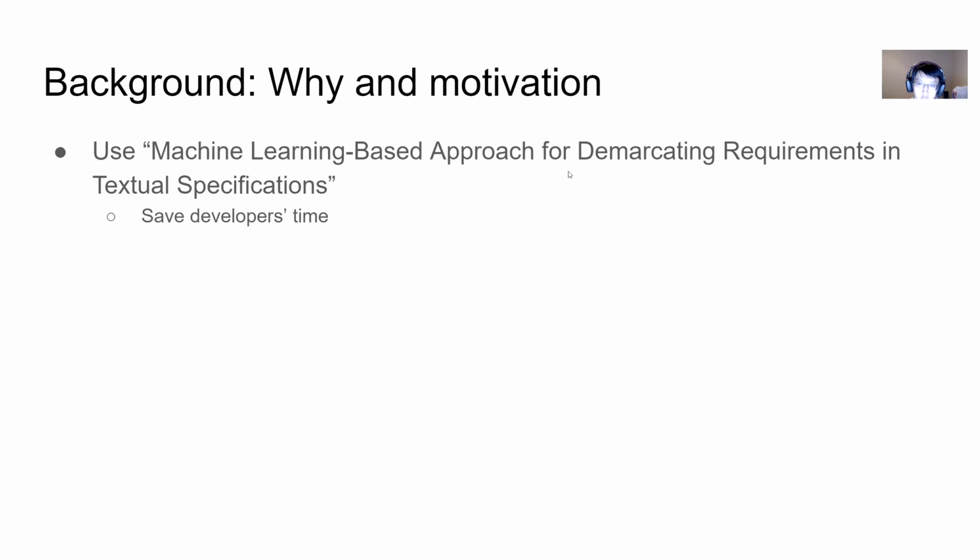Demarcating requirements is something we need to do, and we use a new method based on machine learning, so it can save developers time. Before machine learning, we did the demarcating of requirements by human, so we can save time using machine learning.